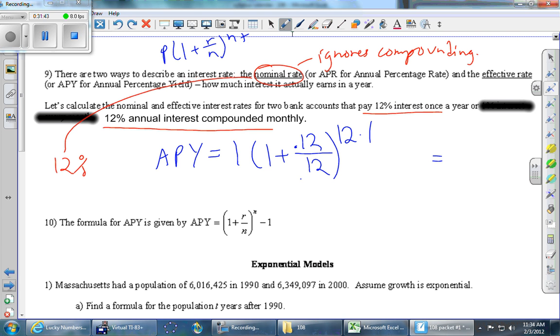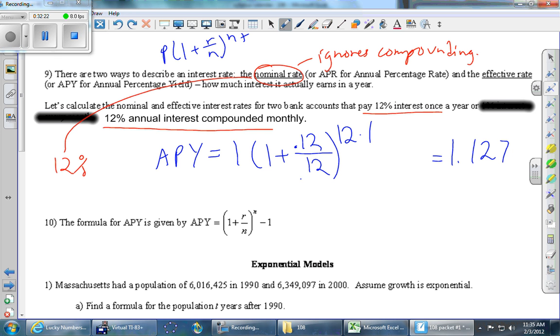What do we get at the end of the year for our dollar? $1.127. And that 1 plus needs to be in the parentheses. Okay, we get 1.127. So what does that mean?